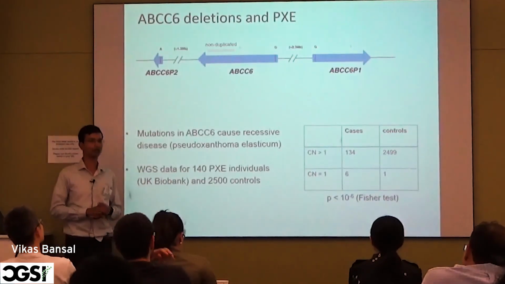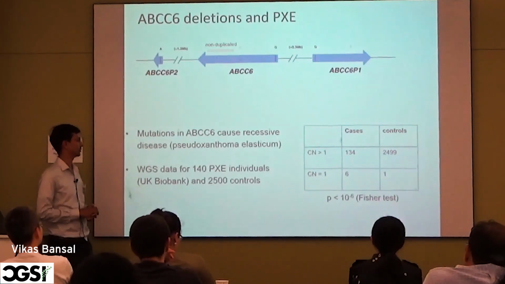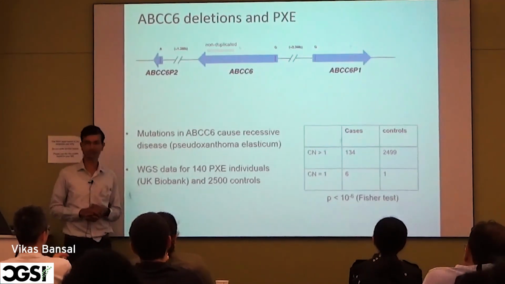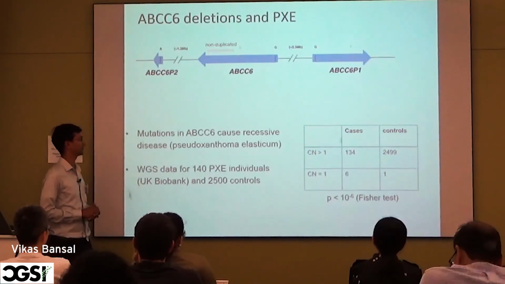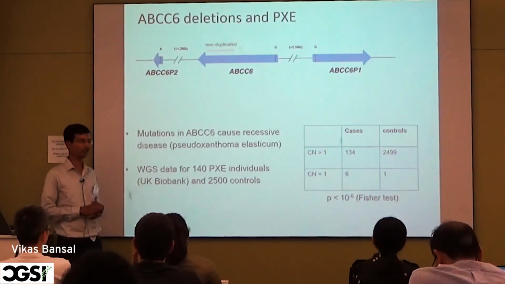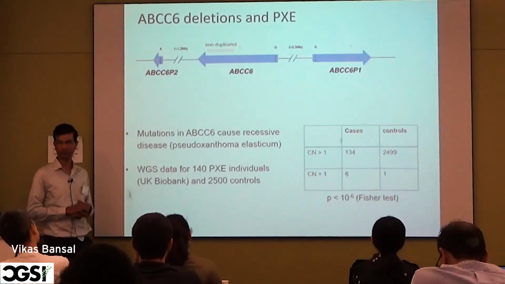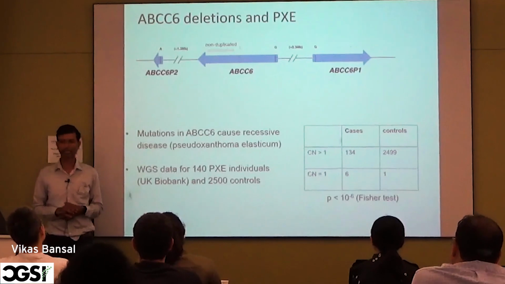Another example is ABCC6. Mutations in this gene are known to cause again a recessive disease, and this gene is triplicated, but it has a more complex duplication structure where only parts of the gene are duplicated.